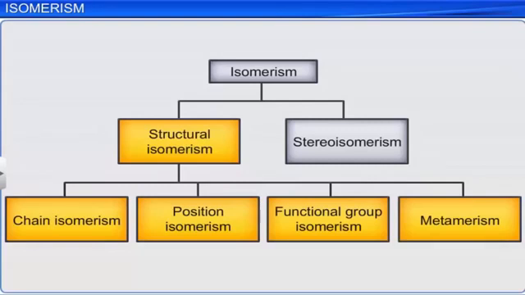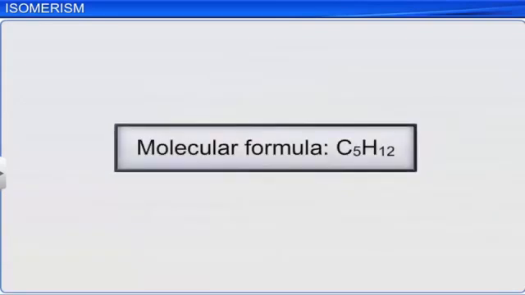Let's look at chain isomerism. Compounds that have the same molecular formula but different carbon chains, that is, straight or branched chain, are known as chain isomers, and the phenomenon is known as chain isomerism. For example, the following three chain isomers are possible with molecular formula C5H12.